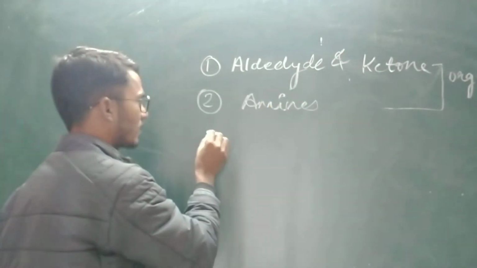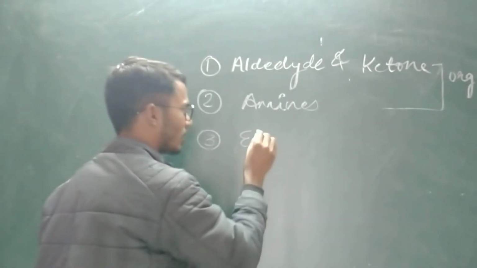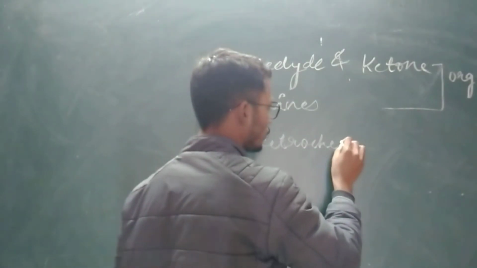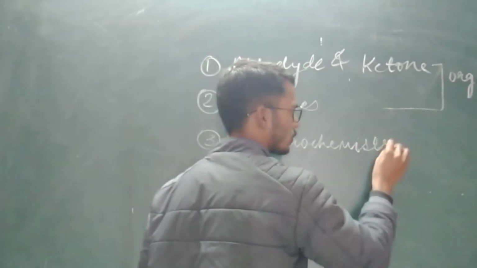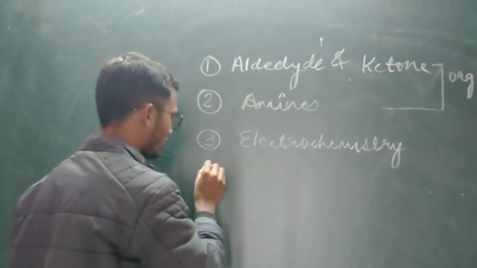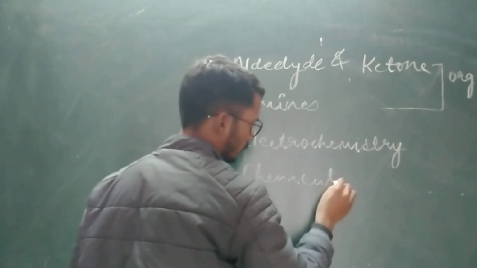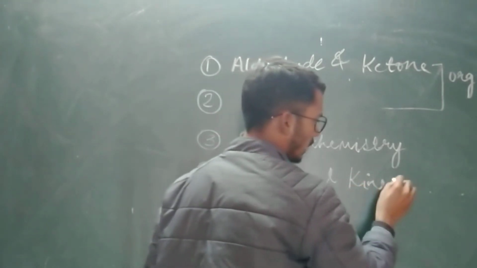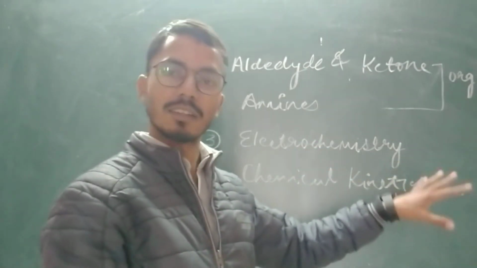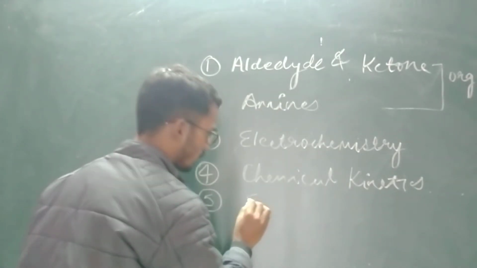Okay, fine. The next chapter, chapter number 3, is electrochemistry. Chapter 4 is chemical kinetics, and chapter 5 is surface chemistry.